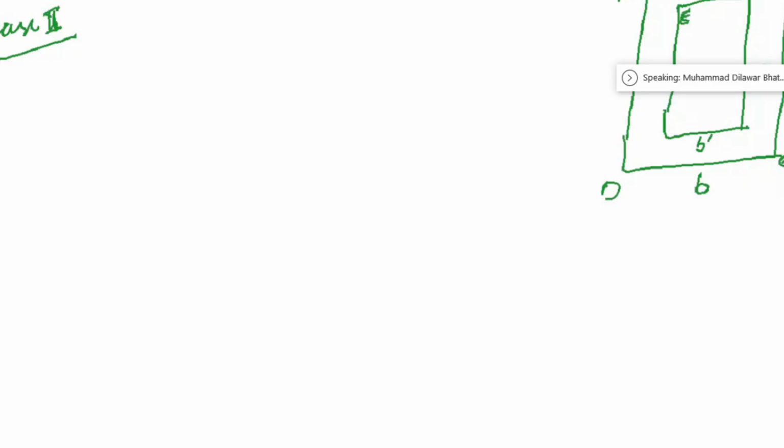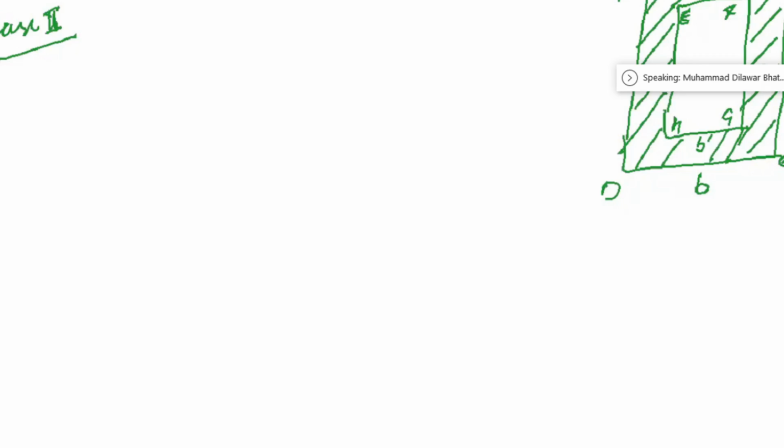This is your main section. The external one was the main section, and the internal rectangle is the cutout section. We have taken out E, F, G, H. Okay, and now we want to know what will be the moment of inertia.